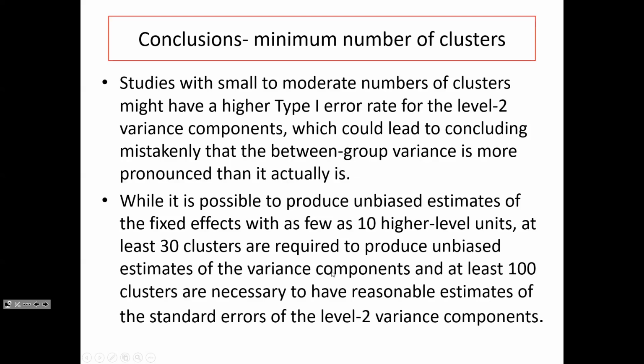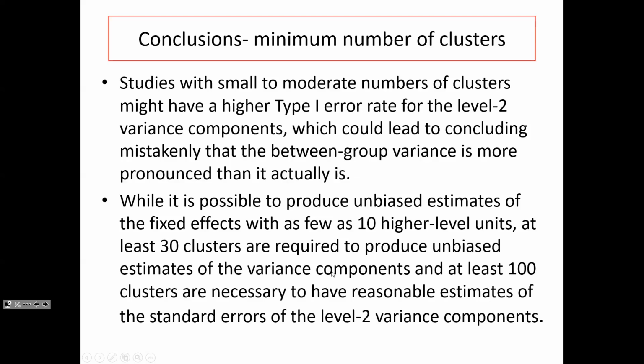I would argue 30 is not the right number. This entire study of Moss and Hawks was done with organizational data. I think they went as low as 10 for the number of people per cluster, the N sub J. They looked at 10, 20, 30, 50, 100, I believe.